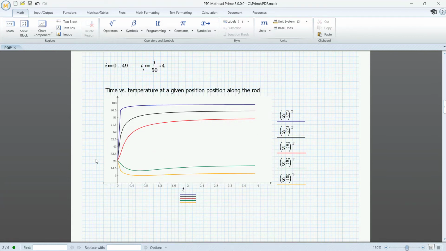In the next plot, we have graphed some of the rows in the matrix S. The first graph, the blue one, shows that at a position about 2 centimeters from the left end, the temperature will start at 25 degrees, then increase rapidly, and then slowly reach the final temperature of about 96 degrees.